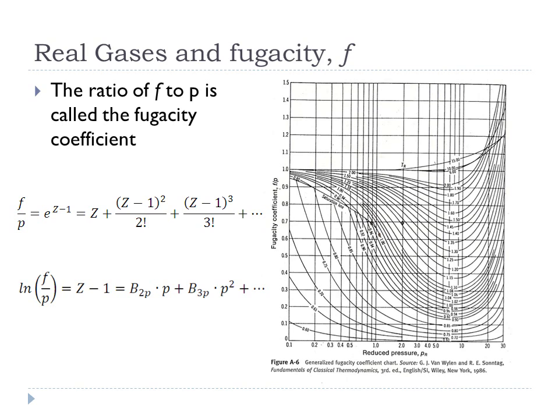Now as you start dropping the reduced temperature to getting close to 1, so between 2 and 1, what you find is you can linearly approximate the change in the fugacity coefficient with respect to pressure.